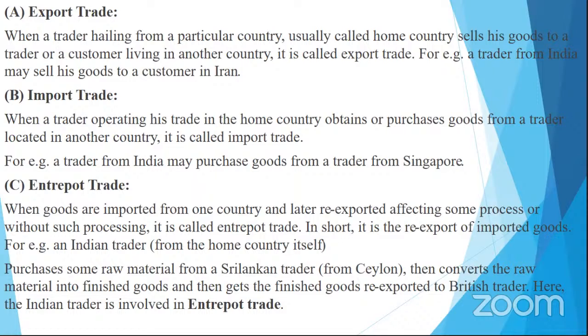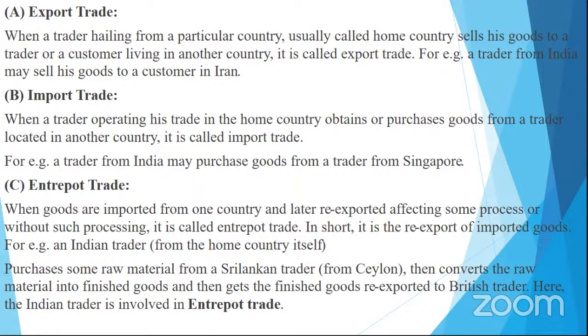When a trader operating in the home country obtains or purchases goods from a trader located in another country, it is called import trade. So a trader from India may purchase goods from a trader from Singapore. Nothing but importing, purchasing from other countries. But exporting means selling to other countries.